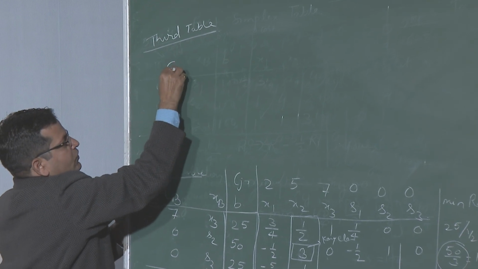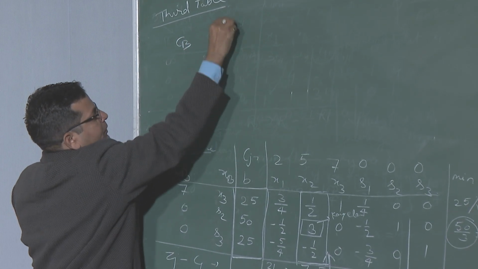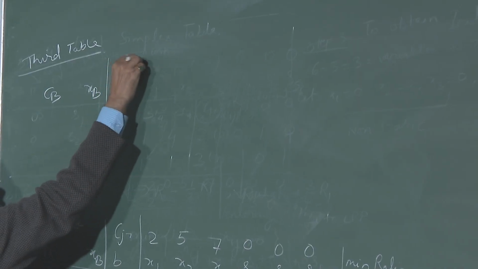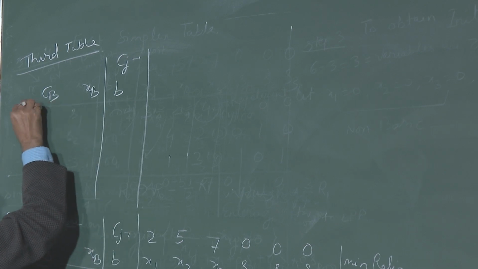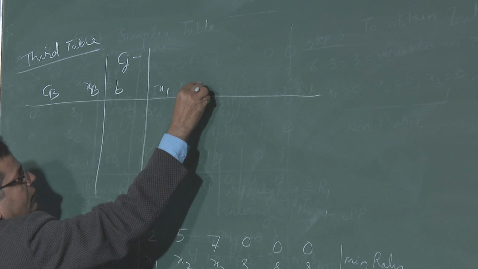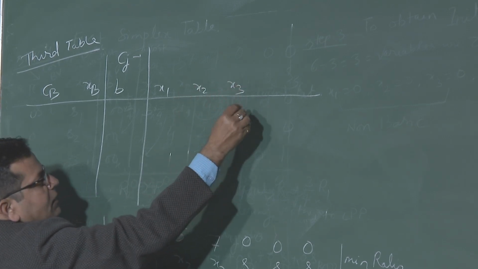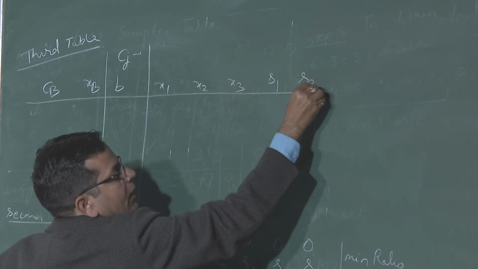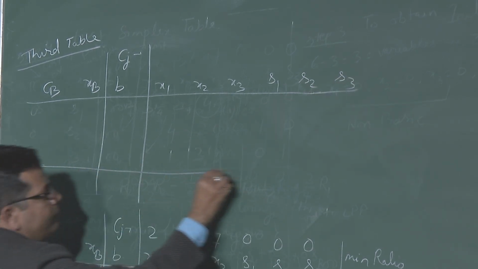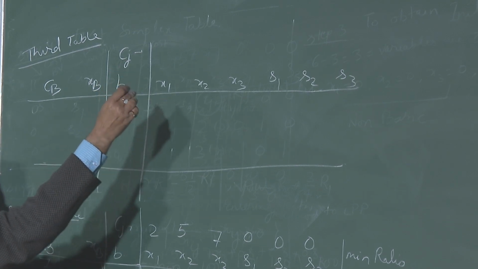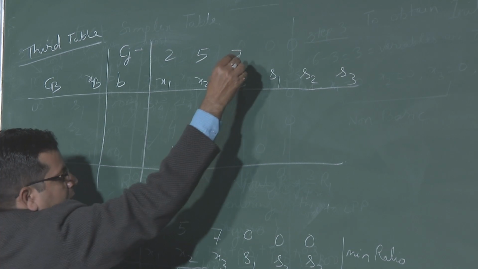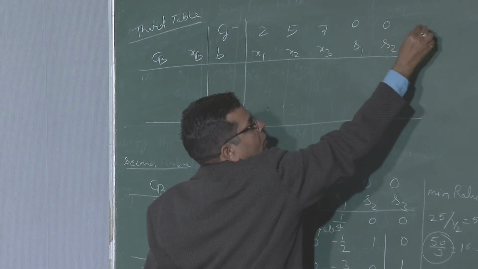We use CB, XB, then B, Cj, variables x1, x2, x3, s1, s2 and s3. First we write the cost, it is 2, 5, 7, 0, 0 and 0.